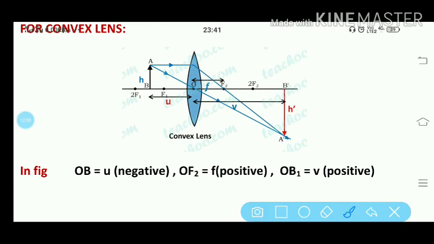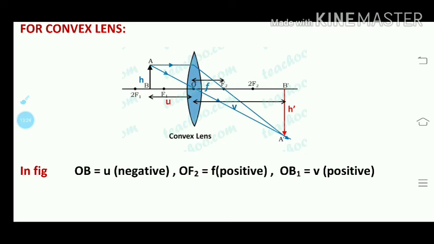Now, OB1. Again we are going in the direction of the incident ray to measure OB1, which is the distance of the image, which is labeled as V. Hence, V will also be positive.